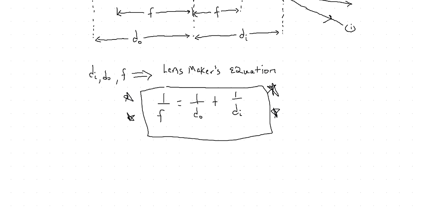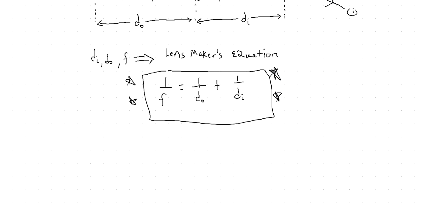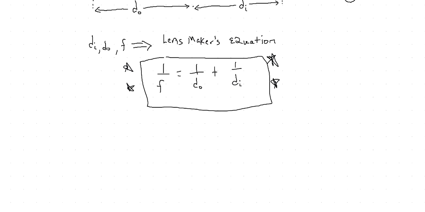Okay, so let's do a quick example. Suppose I tell you the focal length of a lens is 2 centimeters, and we place an object 6 centimeters away. Then I ask you, where is the image formed?